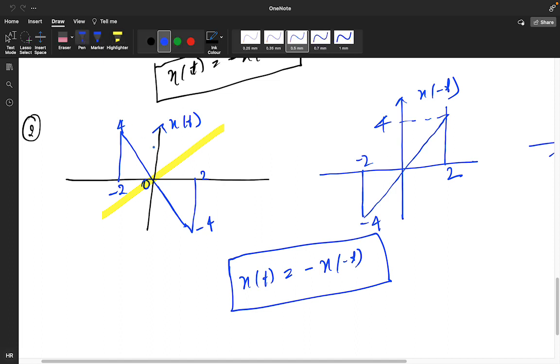There is a lot of methods to check. Bring the downward part, means your right hand side part, to upside. So what will happen? It will become like this. And flip this. If you will flip this, and if it is getting aligned, then your signal is odd signal. Okay.